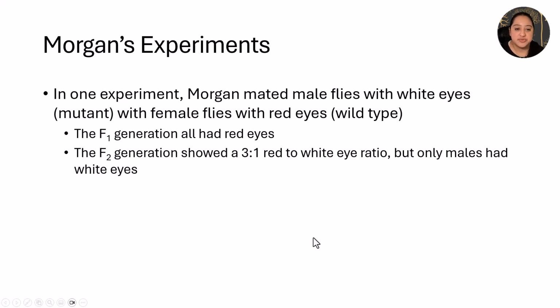And so this was different than the purple and white flowers, right? It was like purple 3-to-1. But because we're also observing their sex, he also noticed, well, it's only males that had white eyes. It's not the females that ever have white eyes, really. So this prompted more interest.